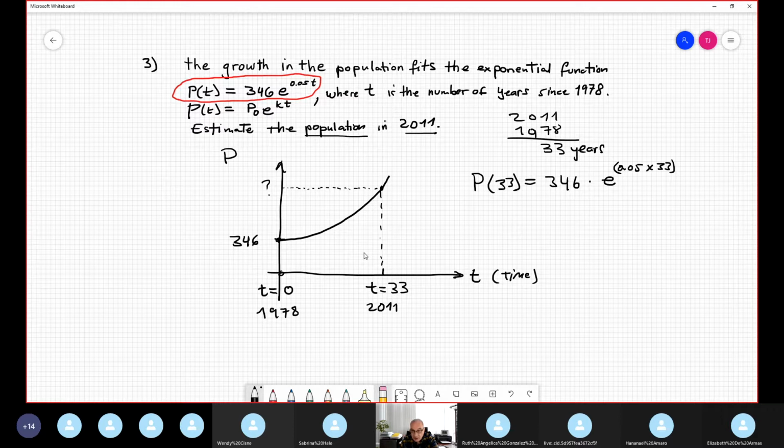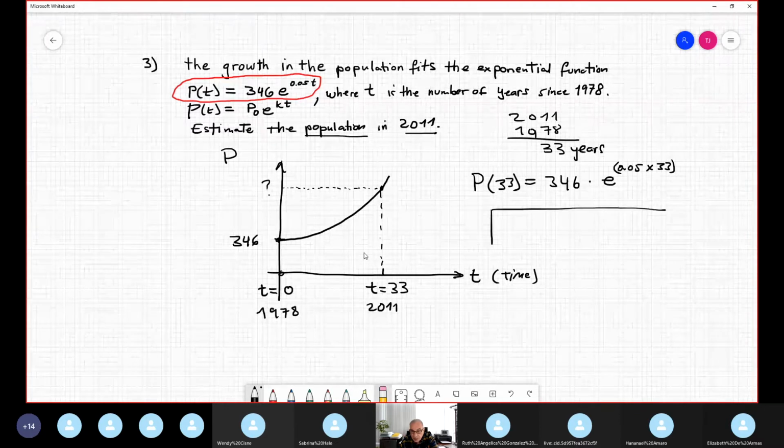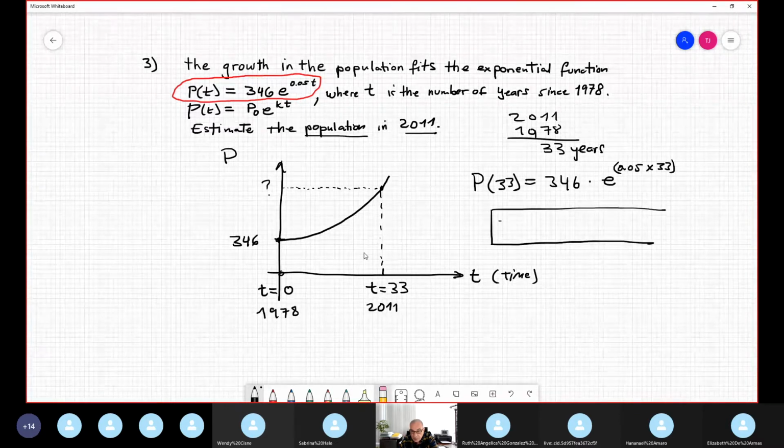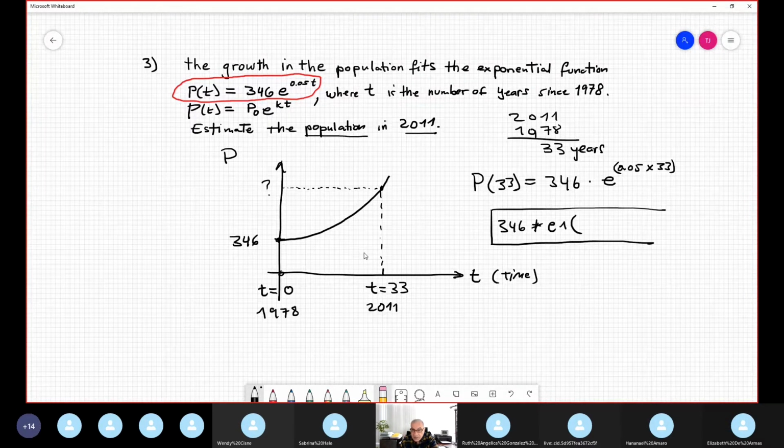The classical mistake when the student puts it in a calculator, of course. When you put it in a calculator, you put 346 times exponential, and inside the parenthesis you put 0.05 times 33, close the parenthesis and press enter. And you get the answer.